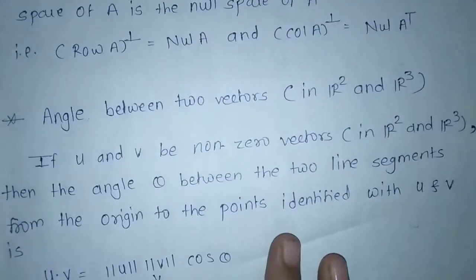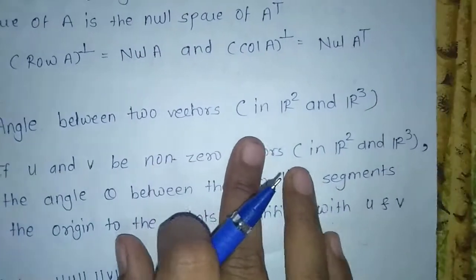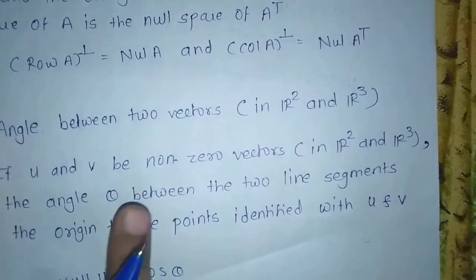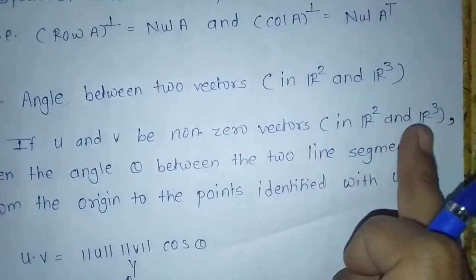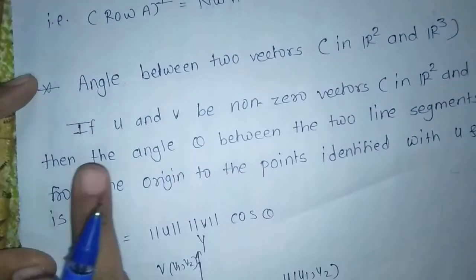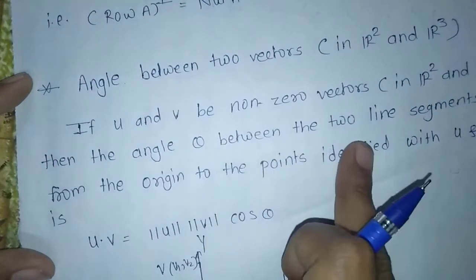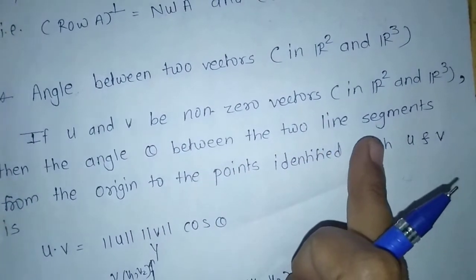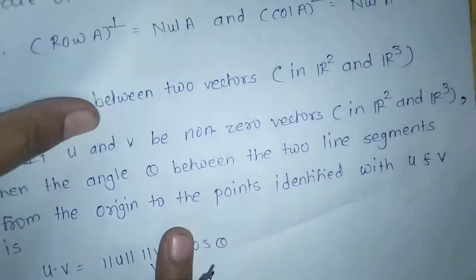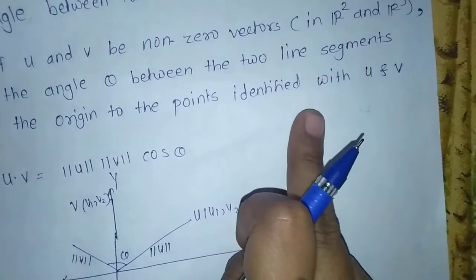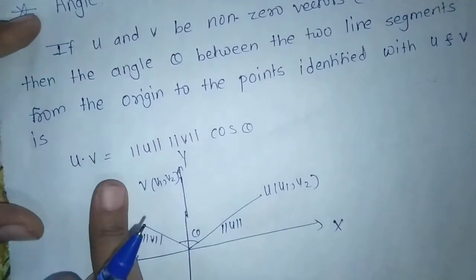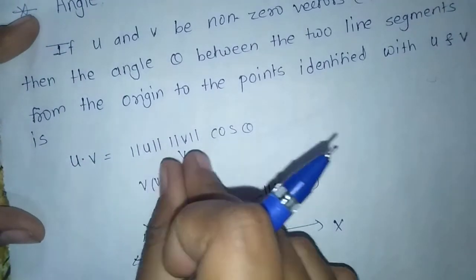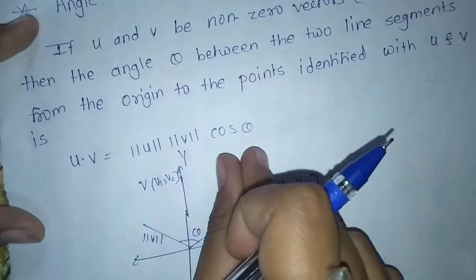Now next point, angle between two vectors in R2 and R3. If U and V are non-zero vectors in R2 and R3, then the angle theta between the two line segments from the origin to the points identified with U and V is given by U dot V is equal to norm U into norm V into cos theta.